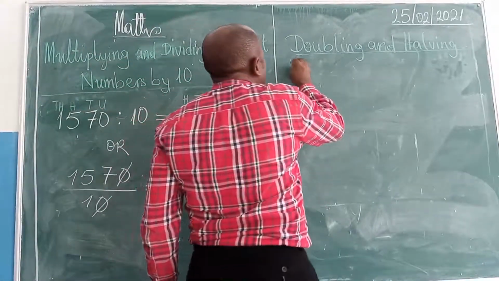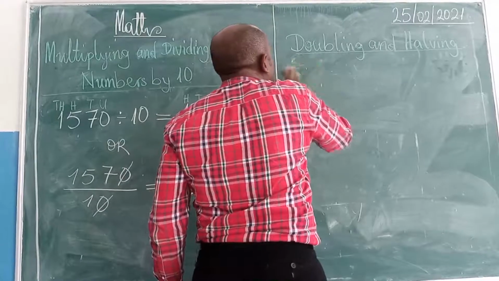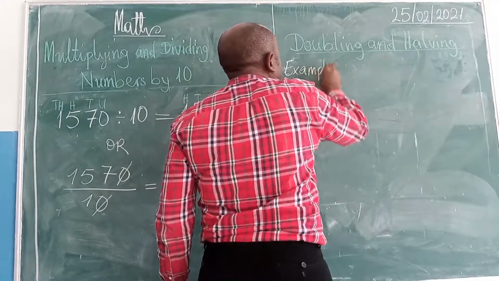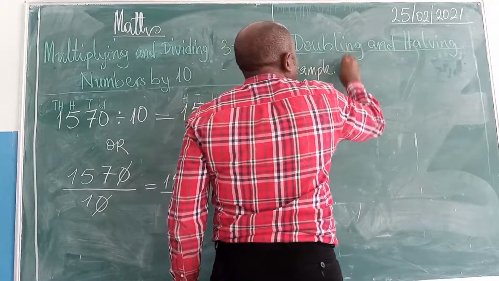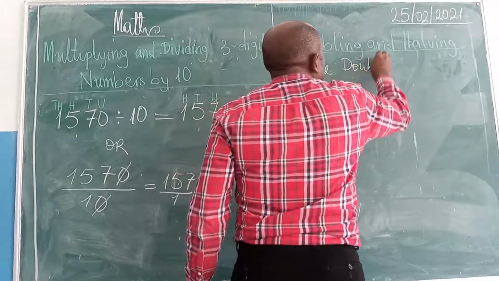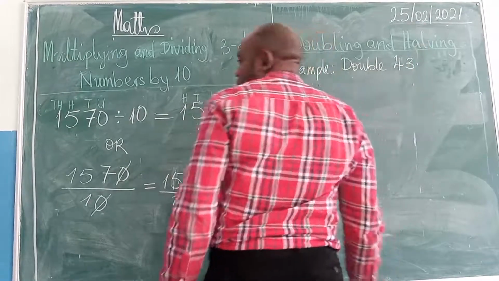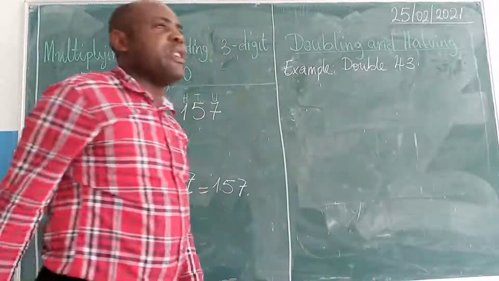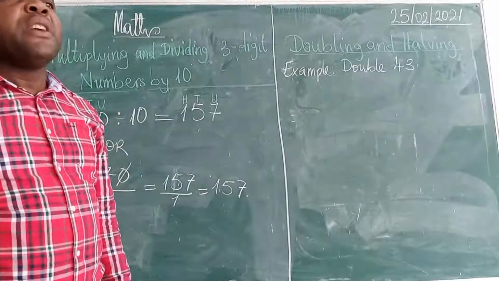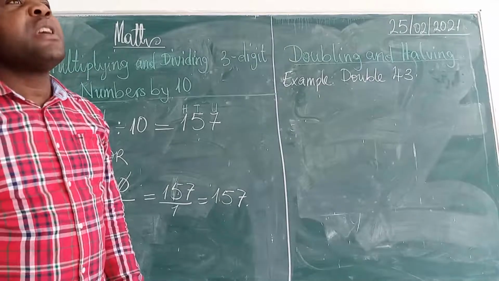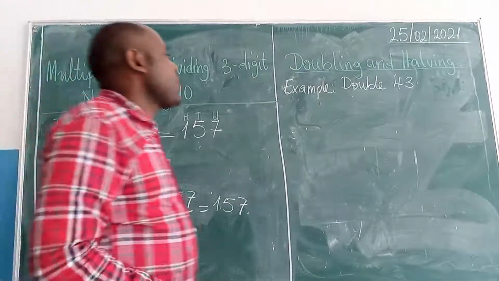To double, for example, double 43. Double 43, it means we multiply 43 by 2 or we add 43 plus 43.